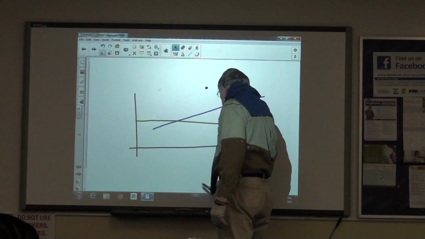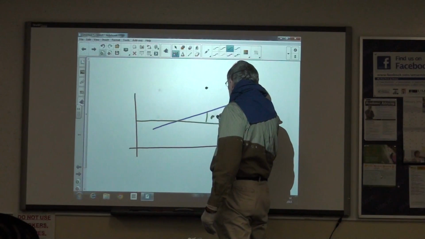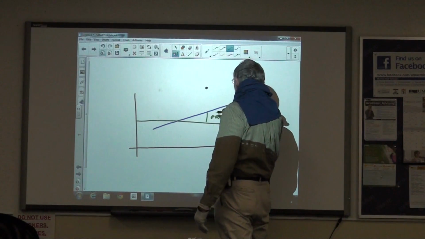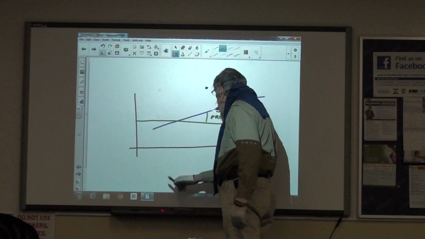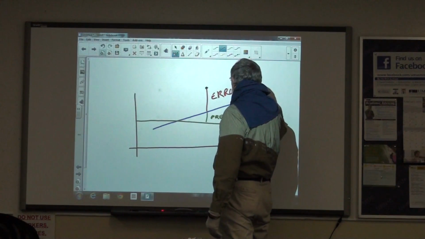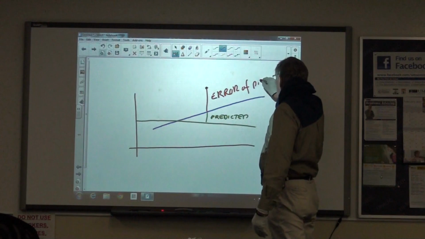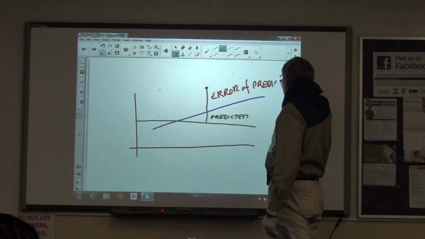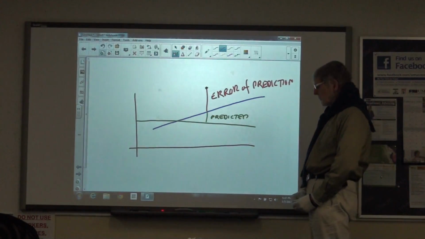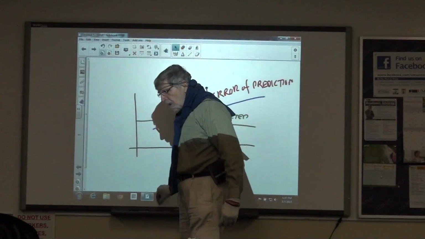So this is the predicted value, or explained, right? And then the residual is called the error of prediction, agreed? Yes. So it's just different words for the same items. The error of prediction. True? So is this a true statement or a false statement?